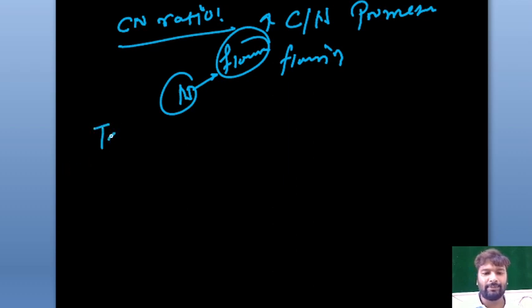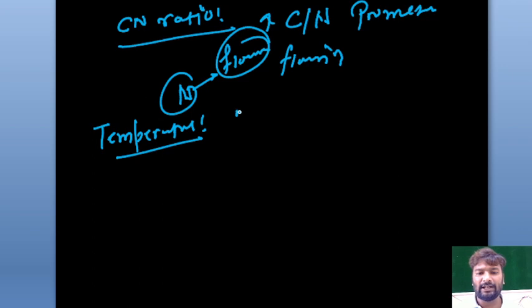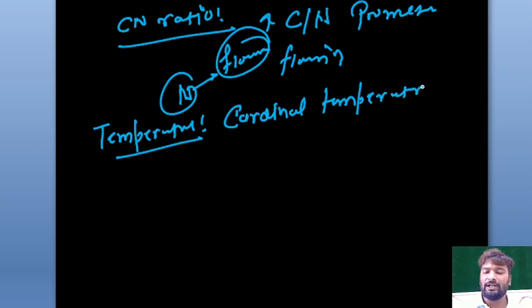Then temperature, we already discussed in thermoperiodism and vernalization, that different plants have different cardinal temperatures which regulate the growth, development, and flowering process.